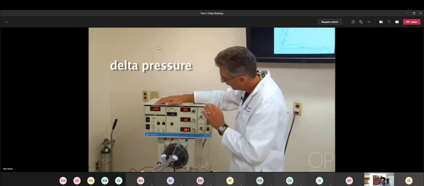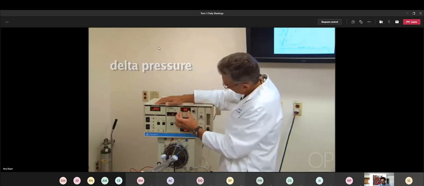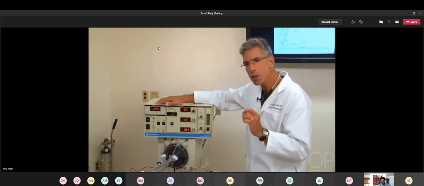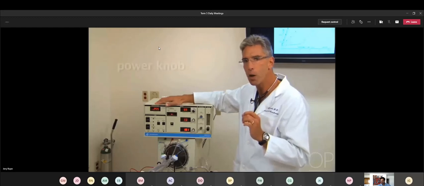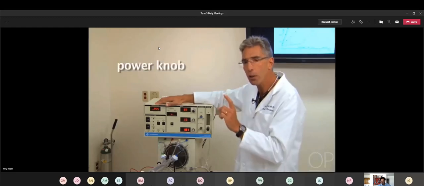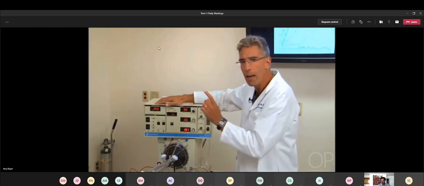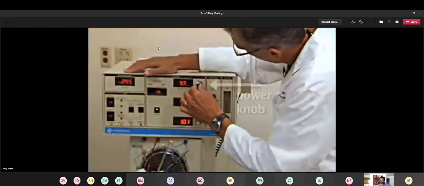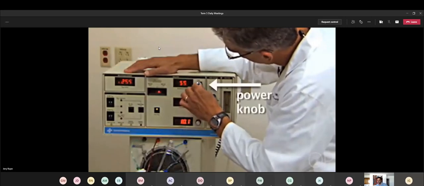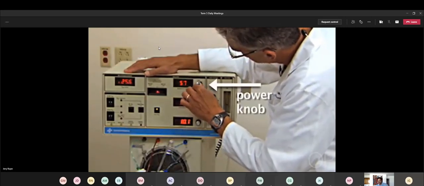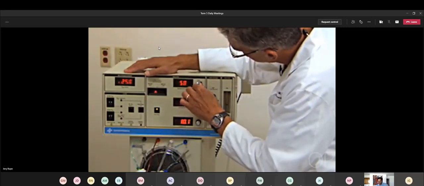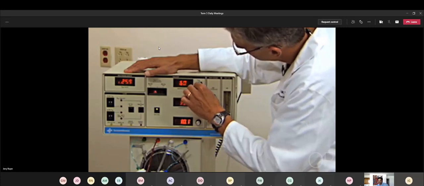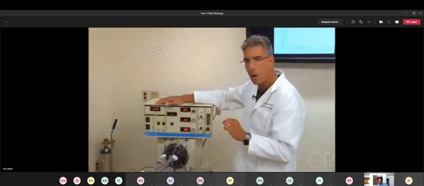Now the delta pressure is displayed here. It turns out we adjust the delta pressure by turning the power knob. So you actually increase power, and that generates a higher delta pressure, which is a measured variable. And we increase power simply by turning this knob. So I'm now aiming to increase the delta P to 60 by increasing power.